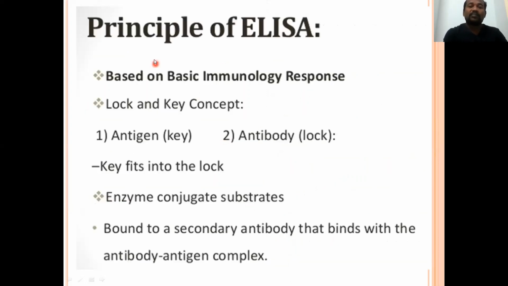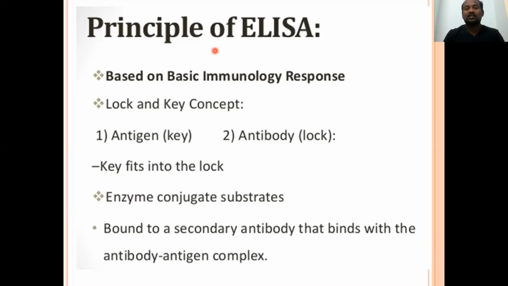So next is the principle involved in the ELISA. The basic principle involved in the ELISA is about the antigen and antibody reaction. For example, in our normal body, when bacteria or any virus or any infection enters the body, that infection will be considered an antigen. So our body will consider the particular infection as an antigen.